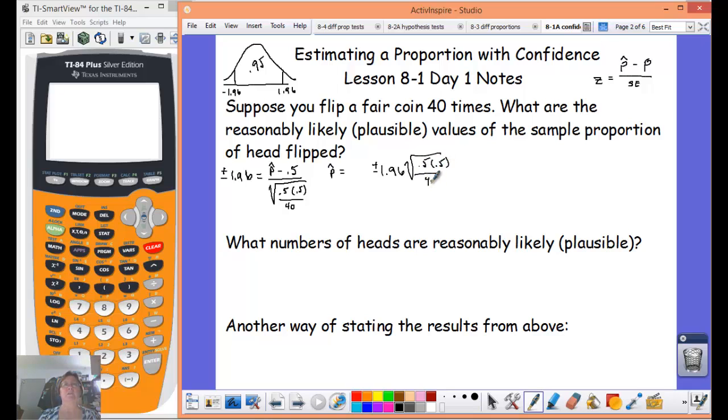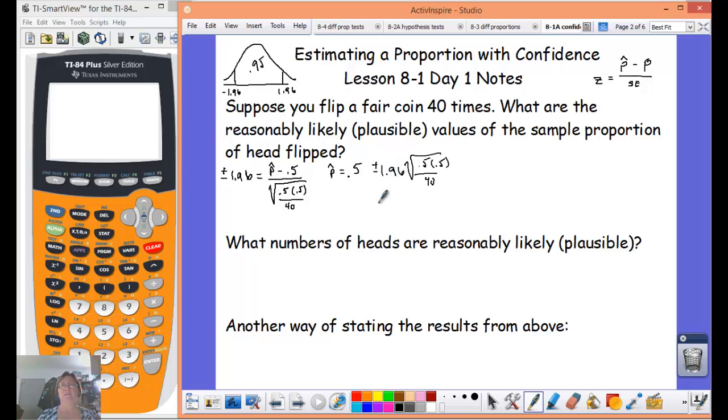Now we've taken care of the multiply. The only thing left to do is the addition of 0.5, and we'll put that up here, adding 0.5 to both sides. We have a little formula that will get us plausible values for the sample proportion of heads flipped when you flip a fair coin.